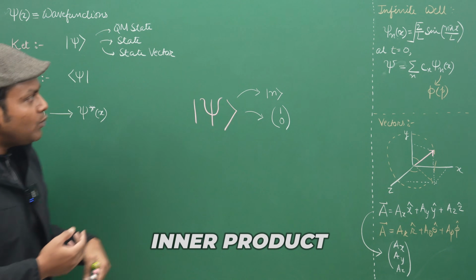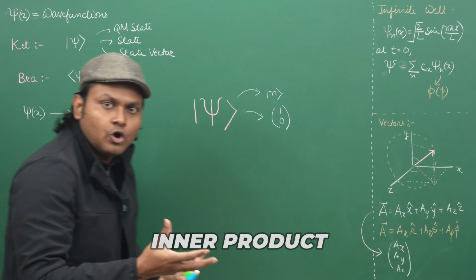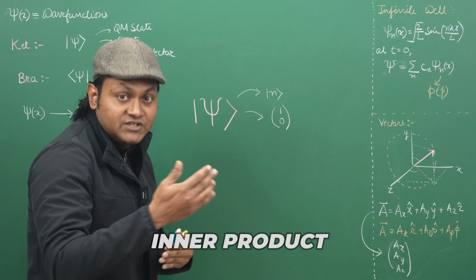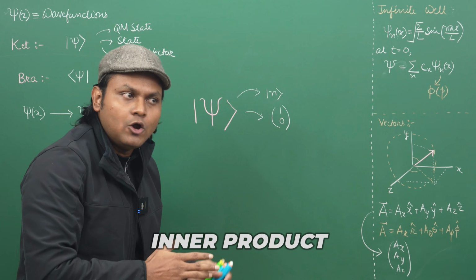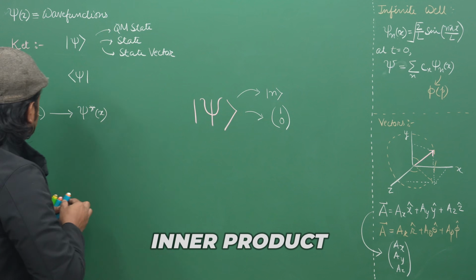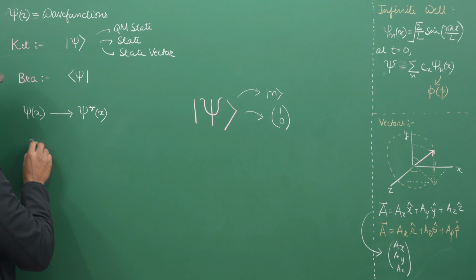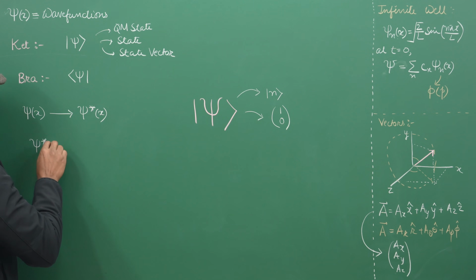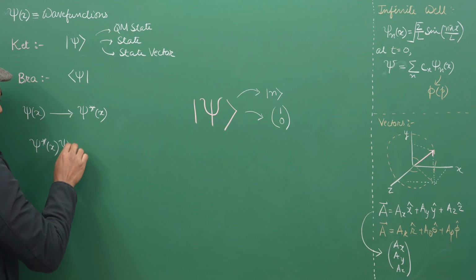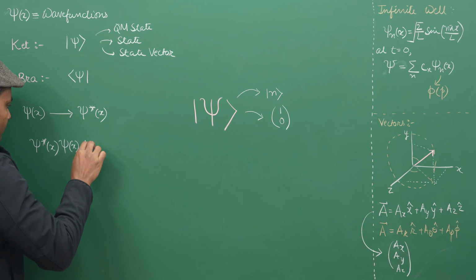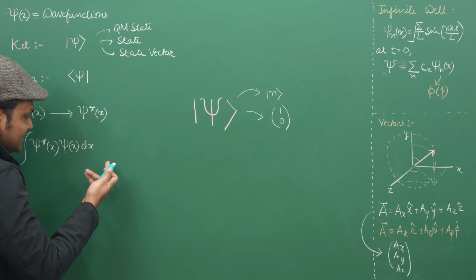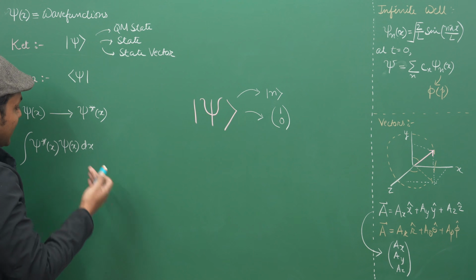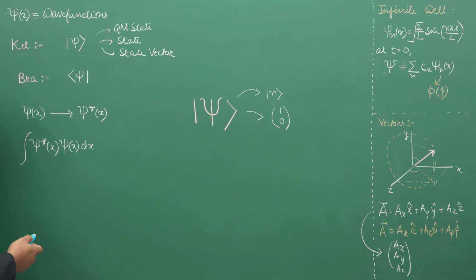You see, till now, whenever we have been able to solve a Schrodinger equation to obtain a wave function for a system, the first thing we do is we find out the probability density of that quantum mechanical system, right? The first thing that we do is we take the wave function, we multiply that with the complex conjugate, we integrate it over that region, whether it's in the 1D axis or in the 3-dimensional space, and that helps us figure out what is called the probability density of the particle.